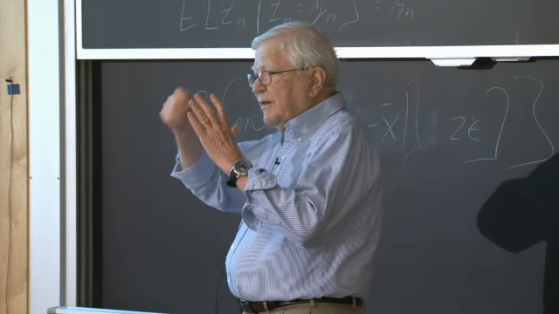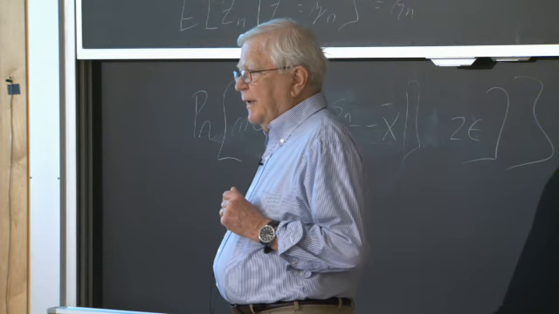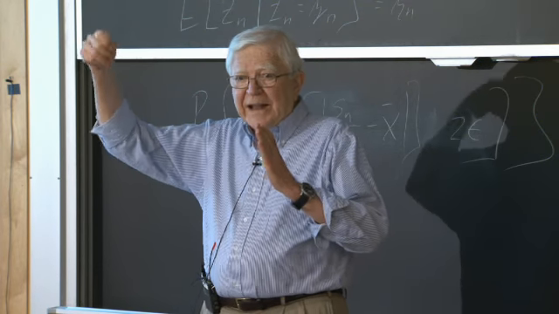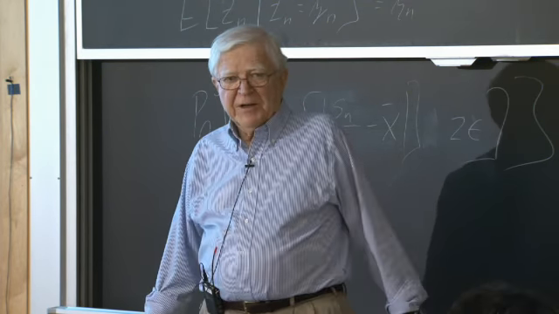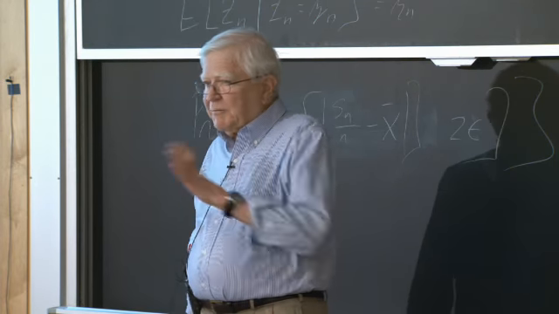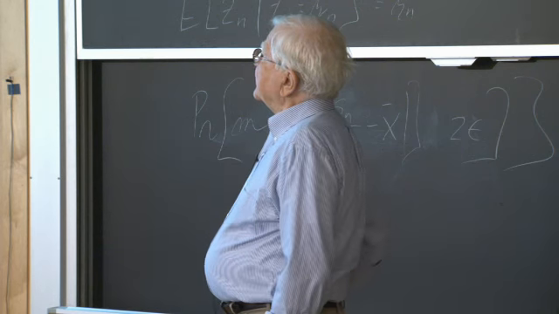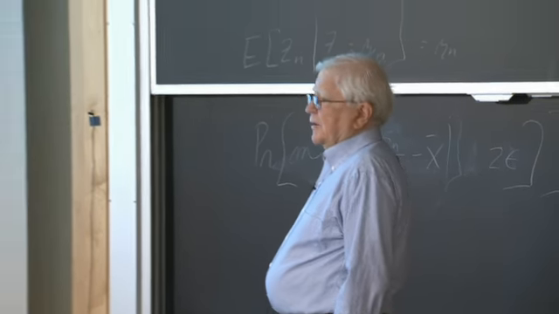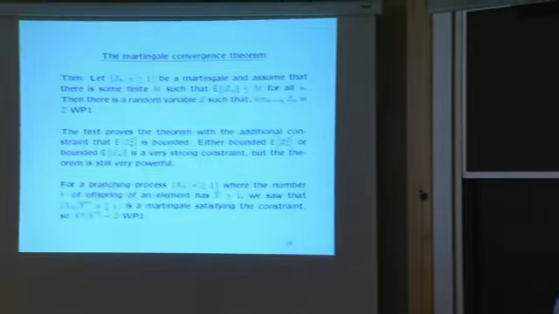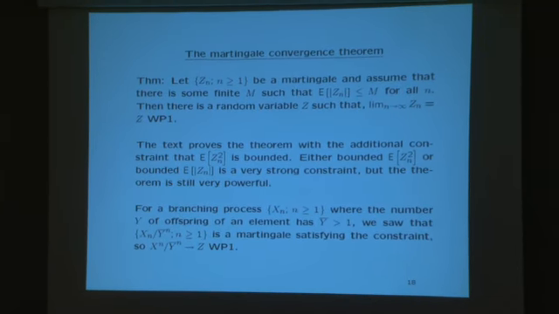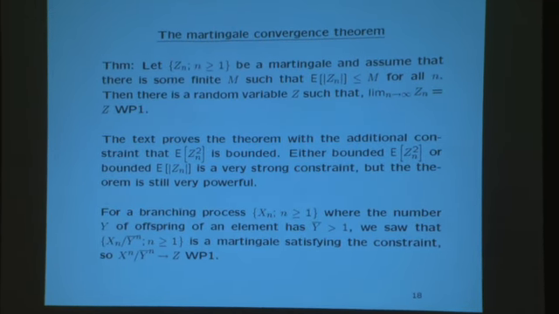I can have an expected value of z sub n which is equal to 2 to the n, and that's finite for every n, but it's not bounded. This quantity, I'm assuming it's bounded. And then, according to this theorem, there's a random variable z, and don't ask what z is.